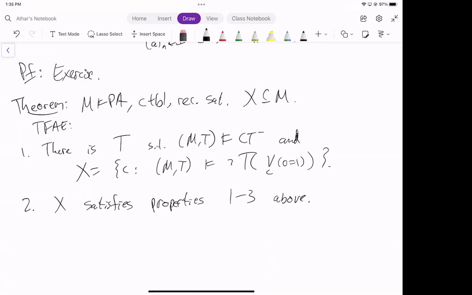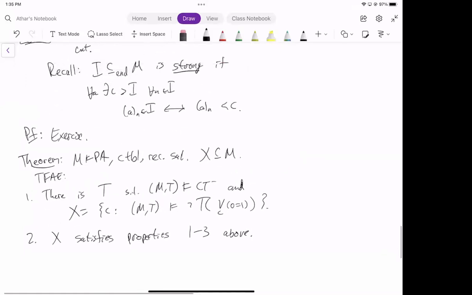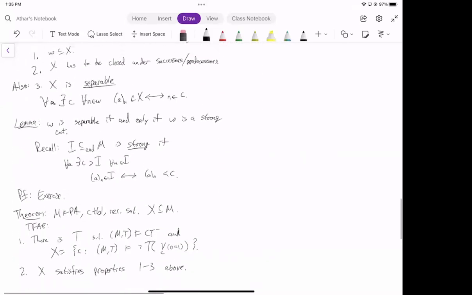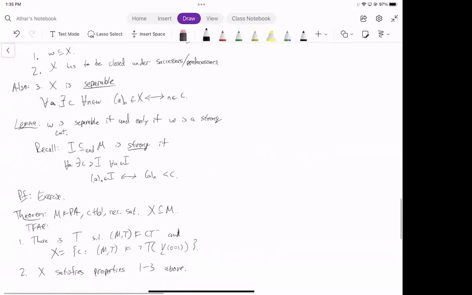Okay. So I'll zoom out a second so I can get everything on the screen at once. Properties 1 through 3 say that omega is contained in X, that X is closed under successors and predecessors, and that X is separable.